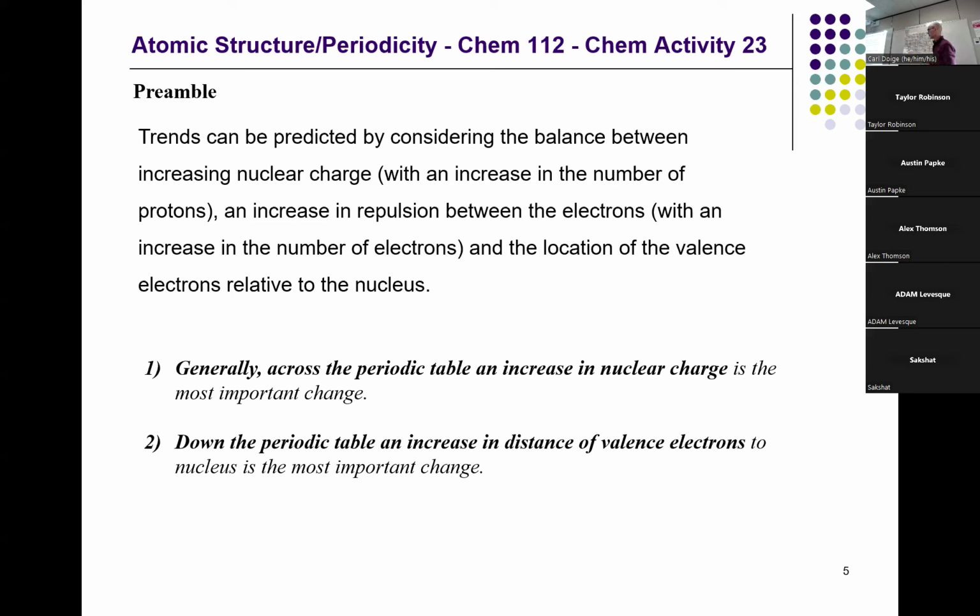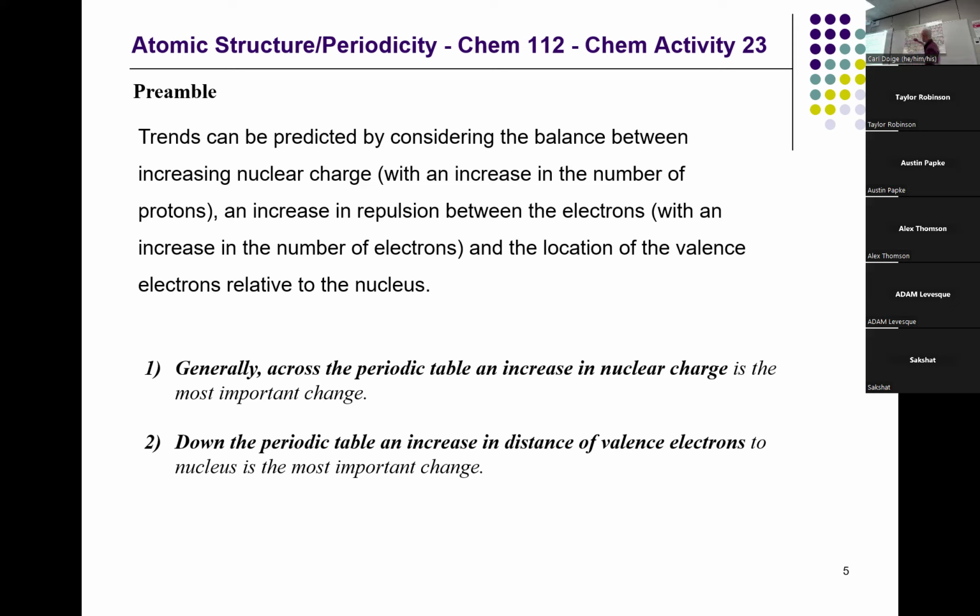In general, the most important thing that's happening across the periodic table is that the charge is getting bigger in the nucleus. Now, I know that there are more and more electrons being added across the periodic table, but as it turns out, it's more important that the charge is increasing.